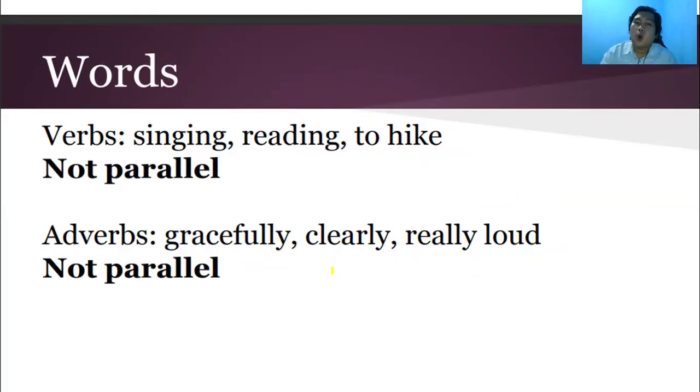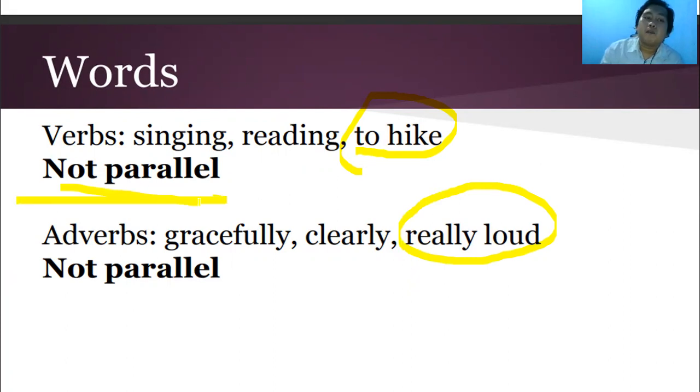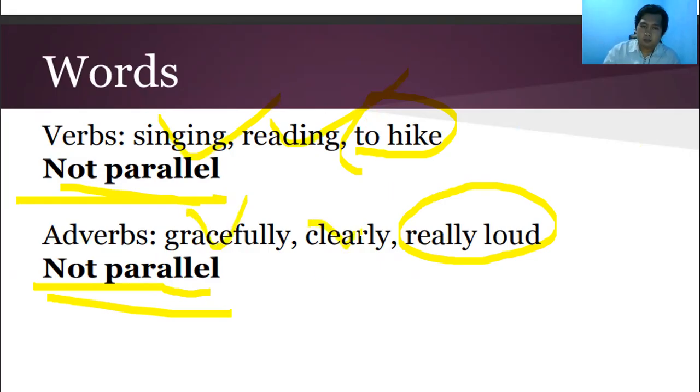So these groups of words are called not parallel, because it is not the same. Singing and reading end in ing, and gracefully and clearly end in ly, which is much different from to hike and really loud.